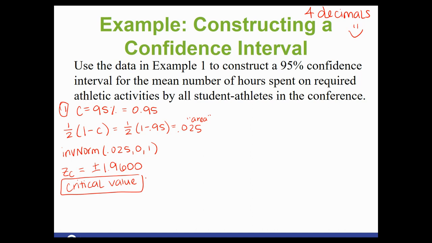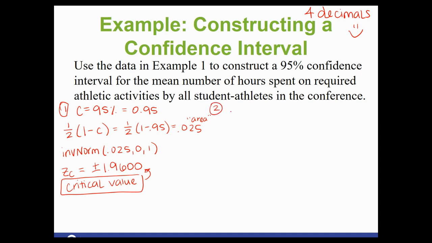I'm labeling it as such because sometimes on problems, they want you to find just the critical value, or just the margin of error, or maybe go the distance and find all the way to the confidence interval. By labeling it as we go, you know what the name of each of these numbers is along this process. So that's your critical value.